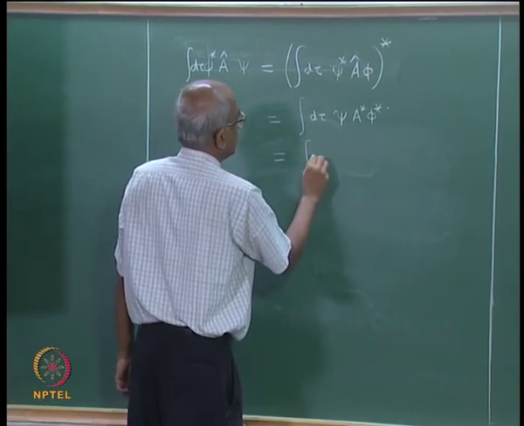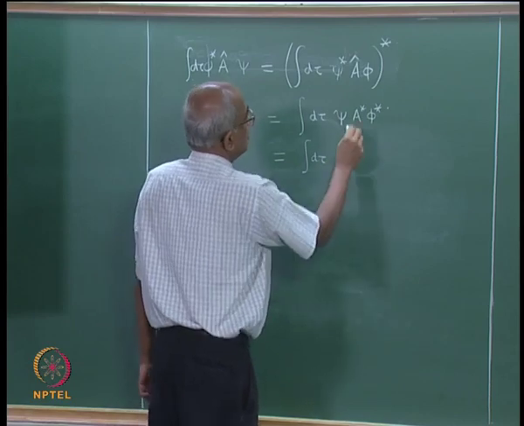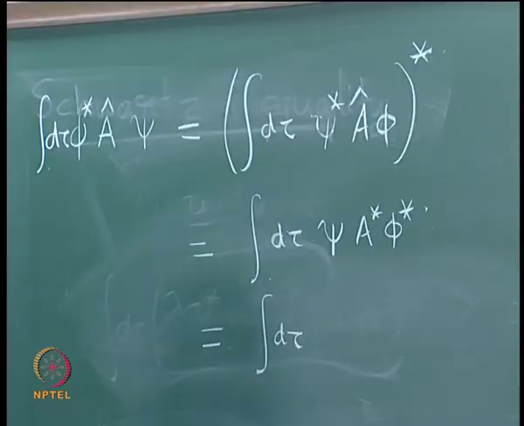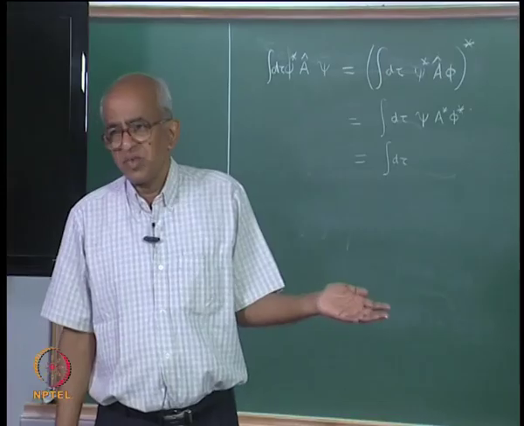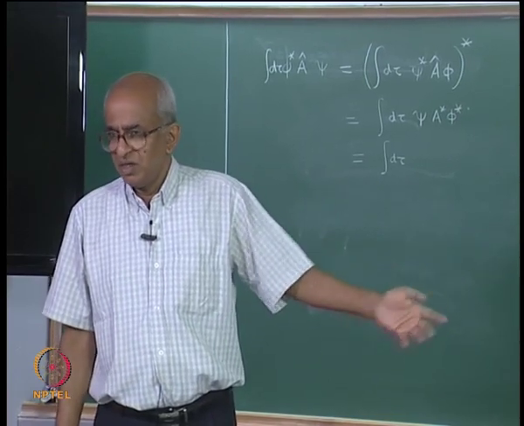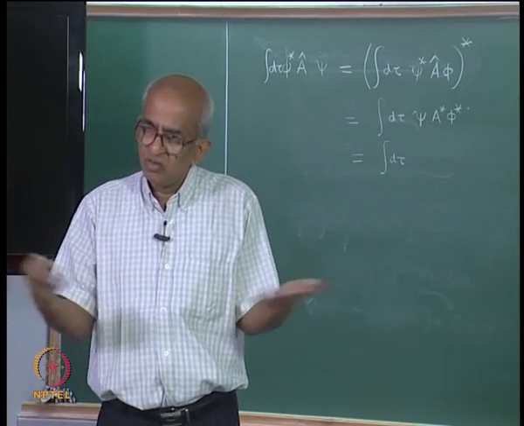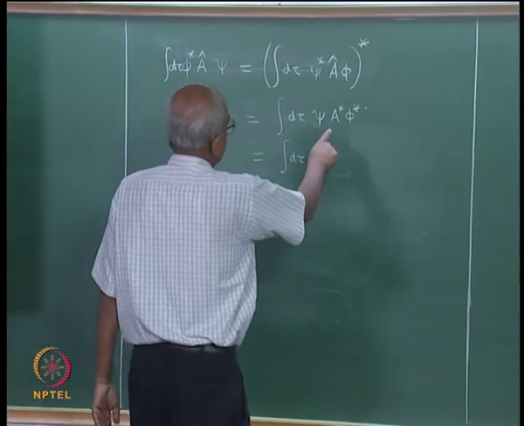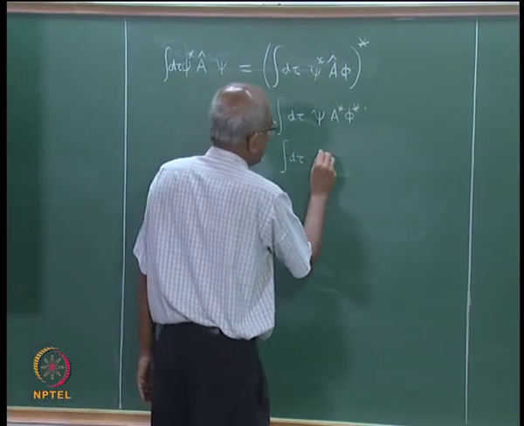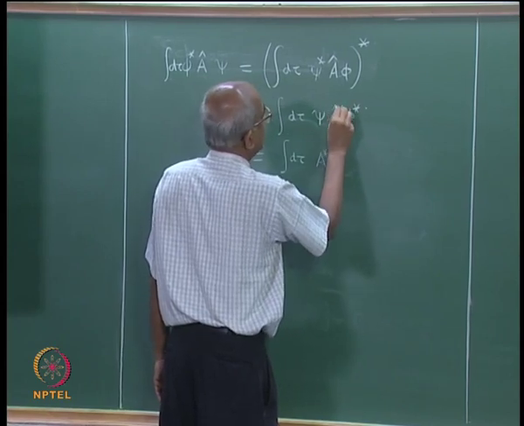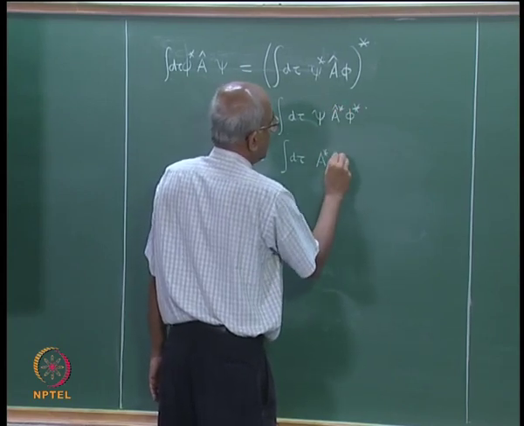And that is equal to integral d tau. See, what is happening is that I have to take A, take its star. What do you mean by taking the star? If A contains square root of minus 1, if it contains i, then you have to replace that with minus i. If A does not contain i, then it is just unchanged. So, you can write this expression in a slightly different fashion. I have this A star, an operator, remember, operating upon phi star.